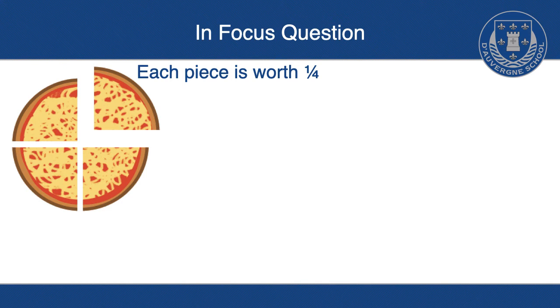Now you'll be familiar with this from looking at 1/4 in Year 2. And we say 1 quarter instead of 1/4 because it's a familiar fraction. So that's how we're going to talk about it if it has the number 4 as the denominator at the bottom. So that's how we'd write it as well, 1/4, or the fraction would just be 1 line 4.